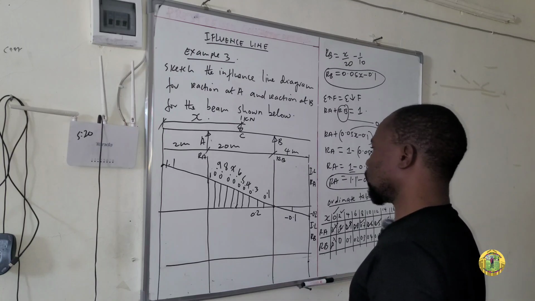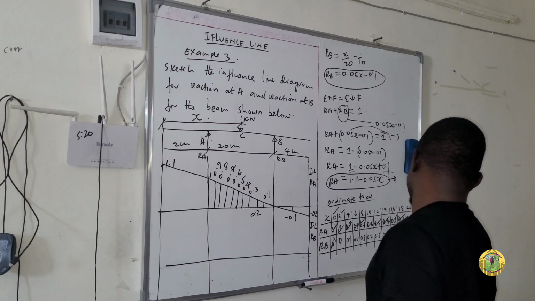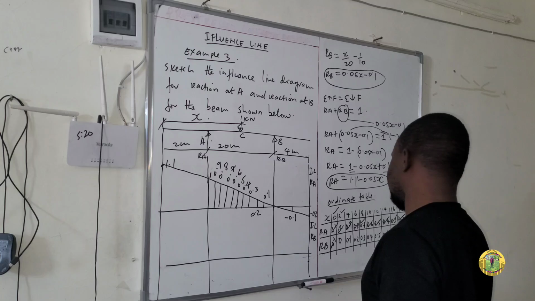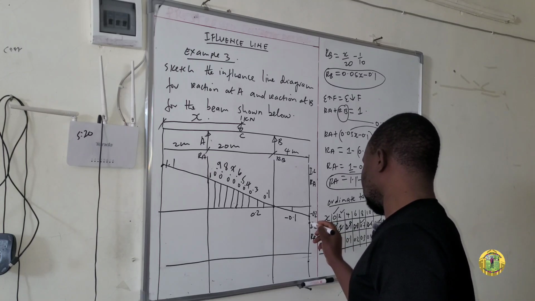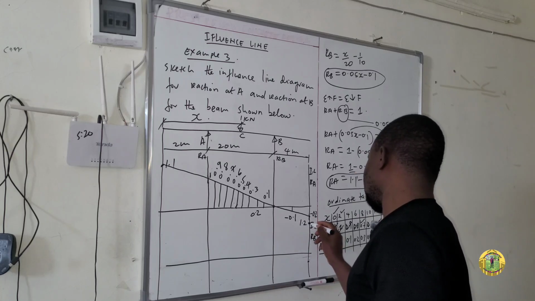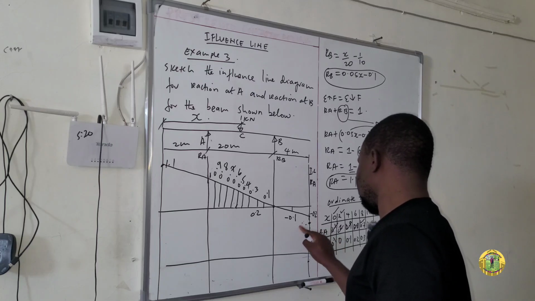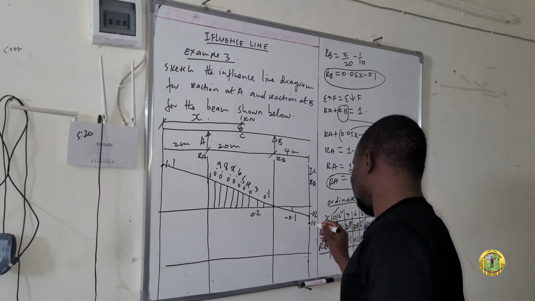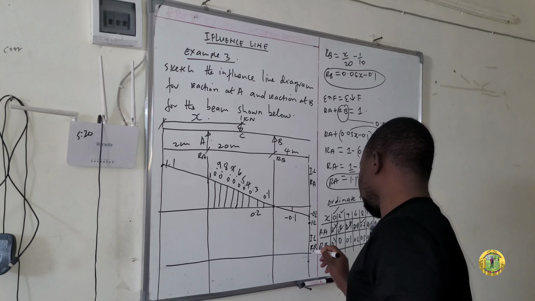So let's draw for the main one. So for RB, the last one is 1.2. So the last, which is at 26, is 1.2. So we are shown at this point 1.2 here. 1.2, and this is influence line for RB.